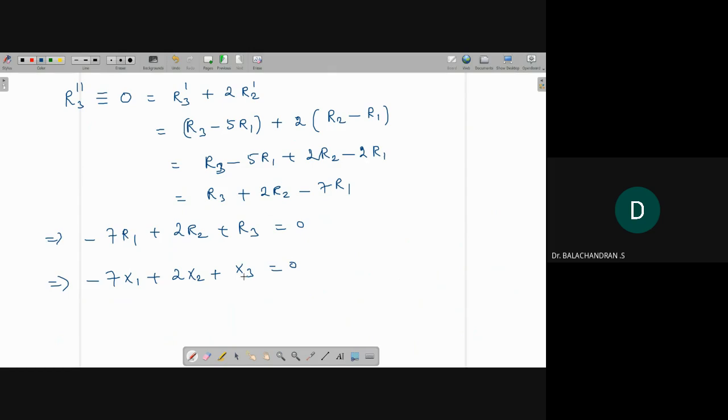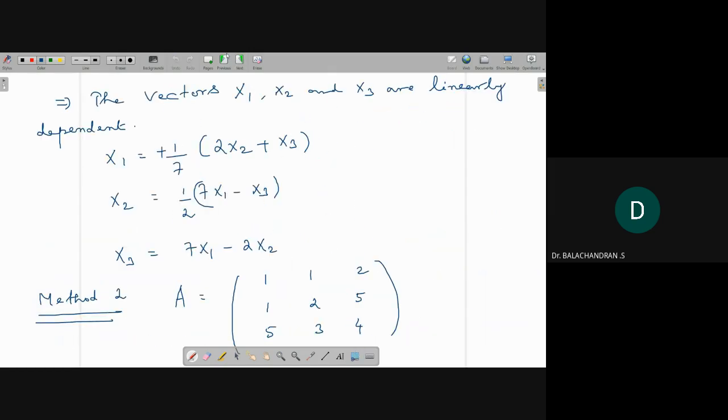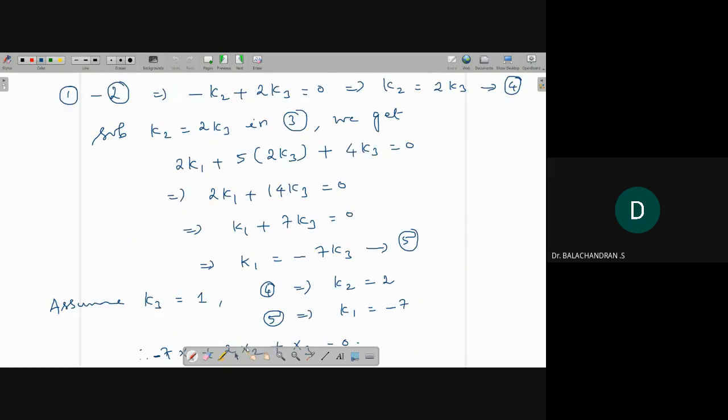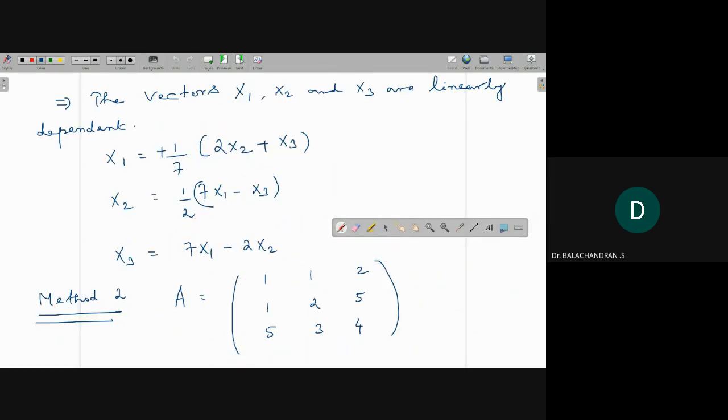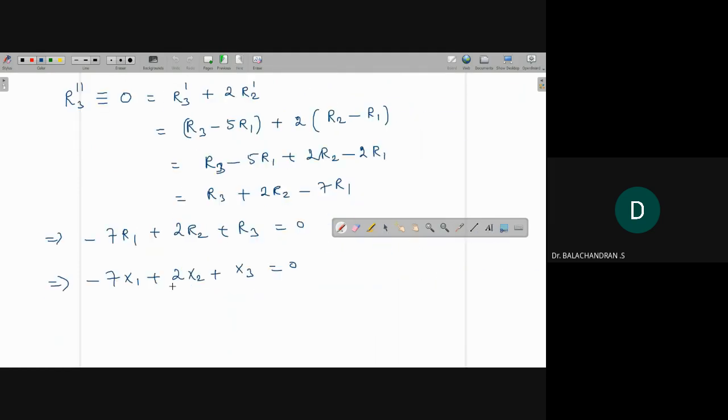Now I think you got the same relation as in method 1, and from this you can write like this. So please tell X1, X2, X3 quickly.